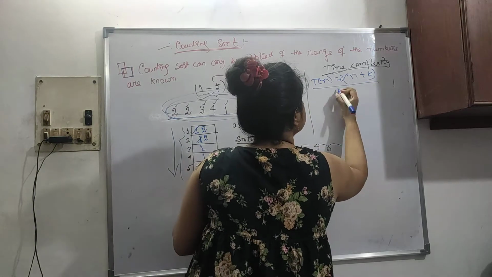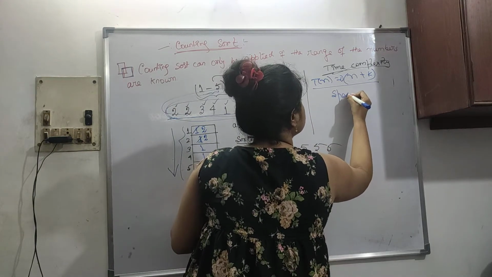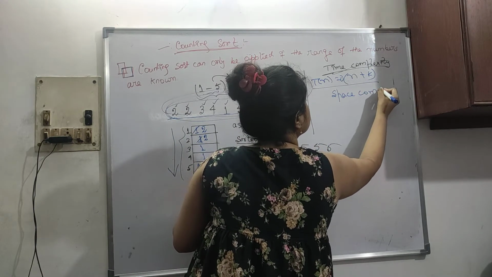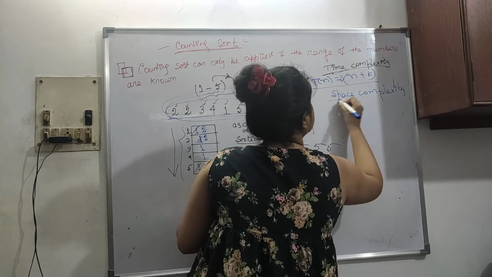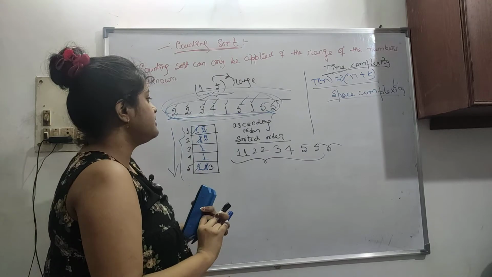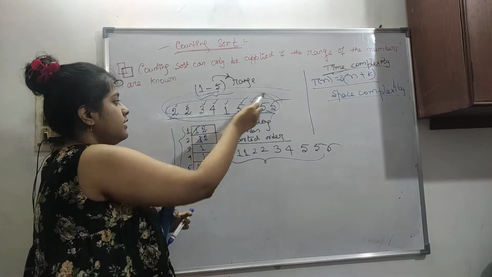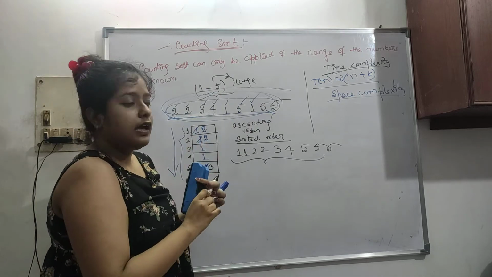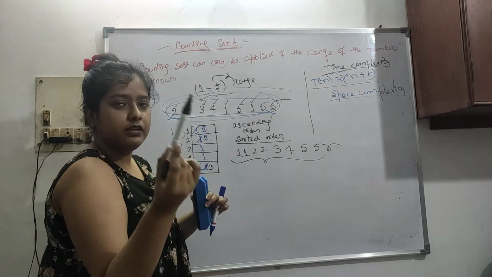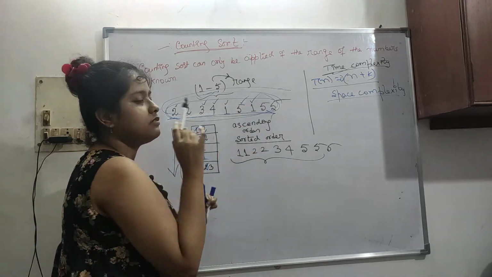So now next is space complexity. So space complexity is coming as extra. This n was already given, I mean these elements are already given.